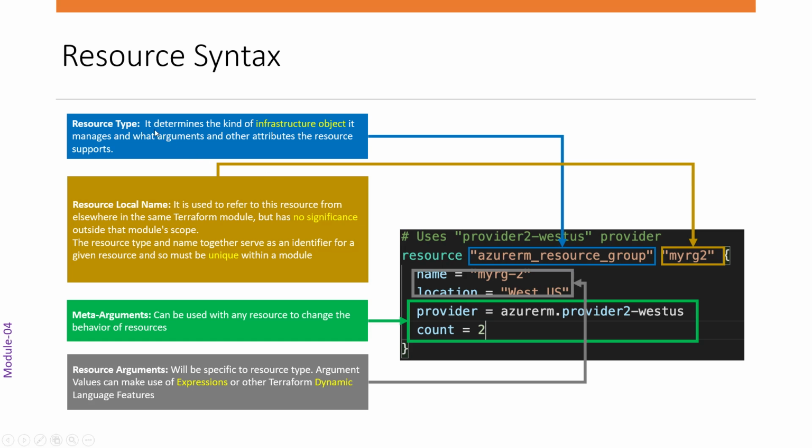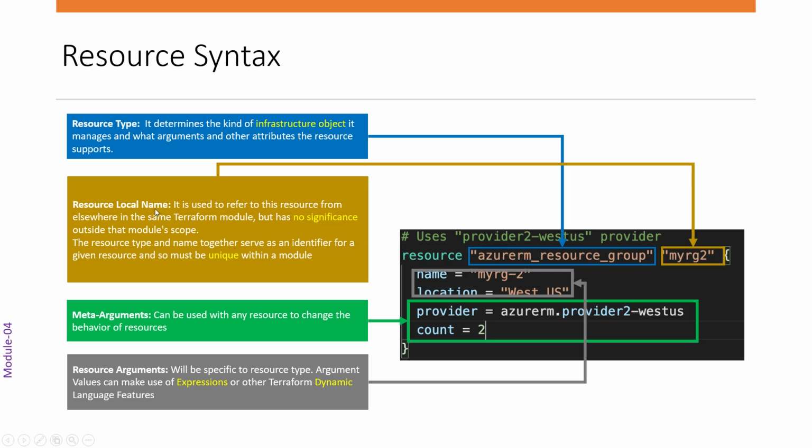What the resource type does is determine the kind of infrastructure object it manages and what arguments and other attributes the resource supports, right? As we know, a resource group means we'll have some infrastructure objects. And this second part is the local name, which I mentioned. We can call it your reference name or resource local name.